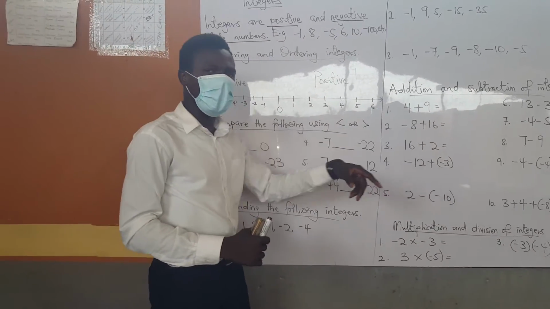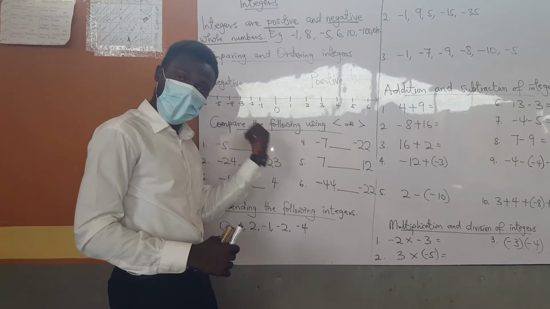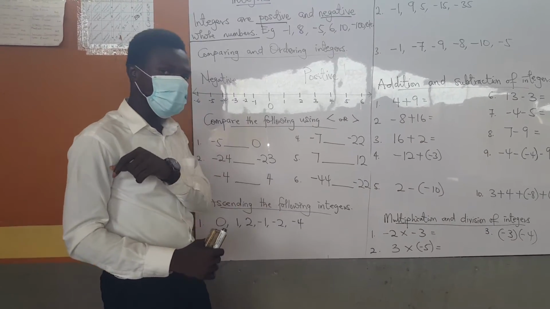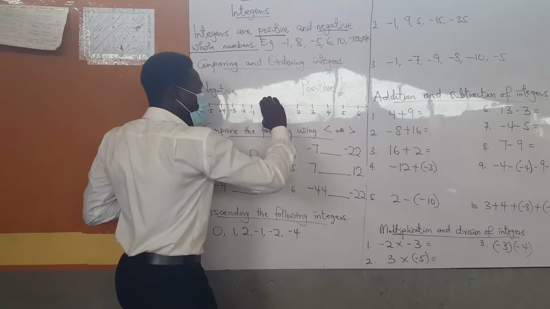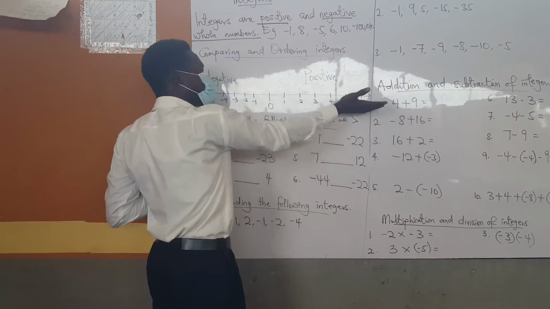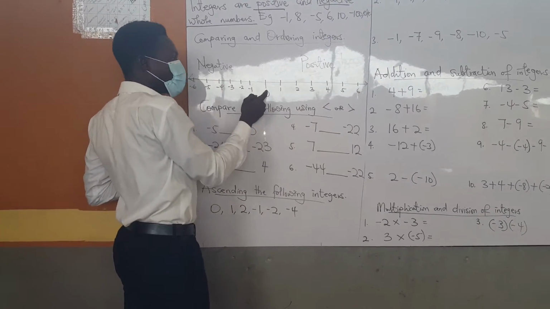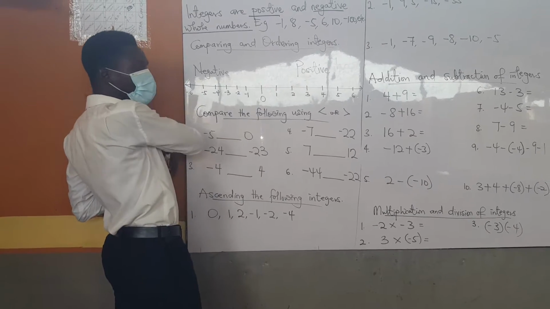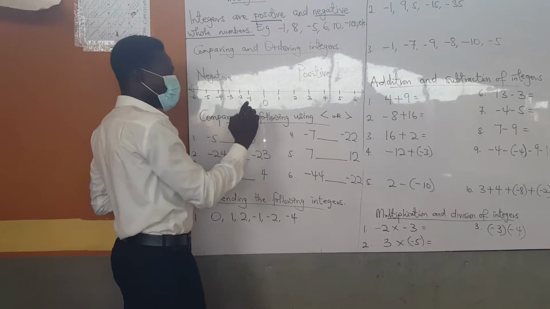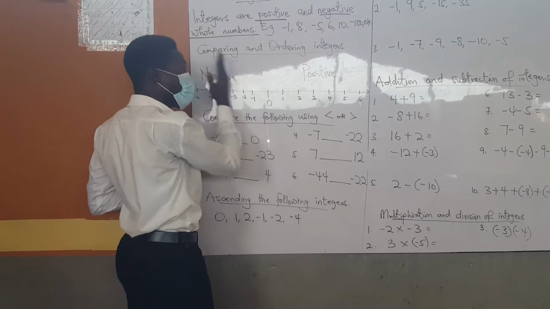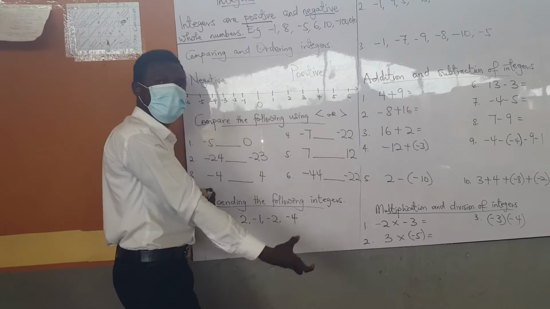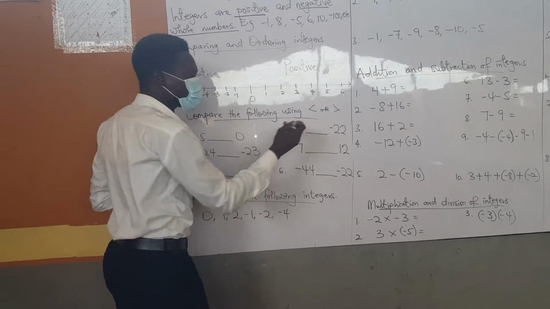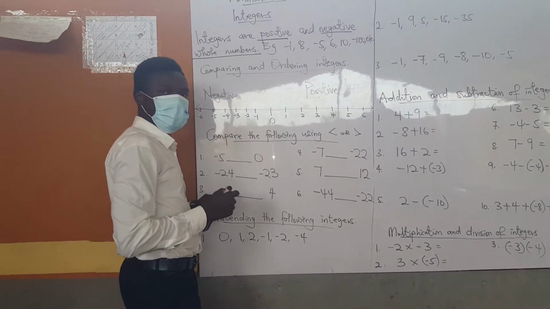Which of the two signs will make this statement true? On the number line, all the numbers this way are greater than the numbers here. So 0 is greater than all the numbers here. So if 0 is greater than all the numbers here, then it means -5 is less than 0. So which of the signs qualifies this statement?